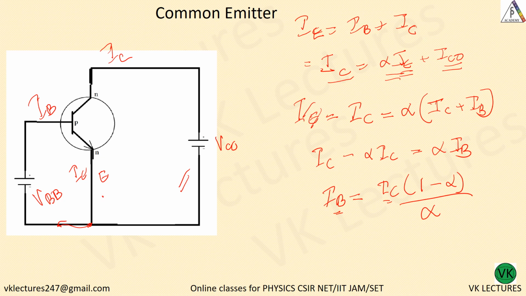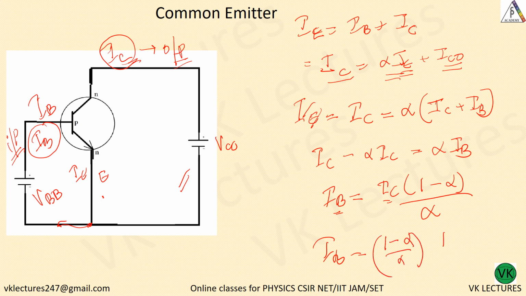Here is your IB, the base current, and here is your IC. IC is your output and IB is your input. So in terms of input, we are getting output. So IB is equal to (1 minus alpha) by alpha into IC.